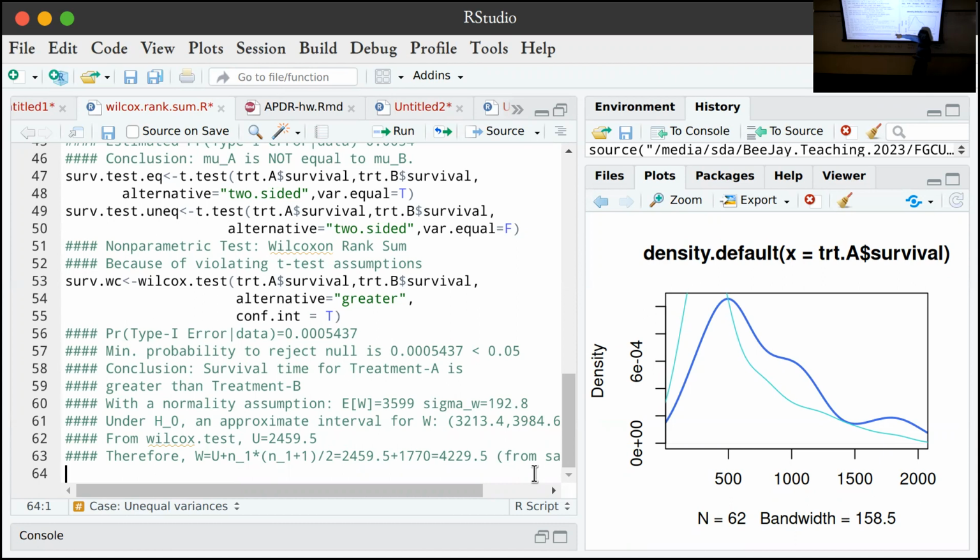So since it doesn't fall in the interval right there, which is under the null, whatever the sample is giving us as W is way out, indicating that there is no sufficient evidence to support the null, rather there is evidence to support the alternative. Does that make sense? Yes.